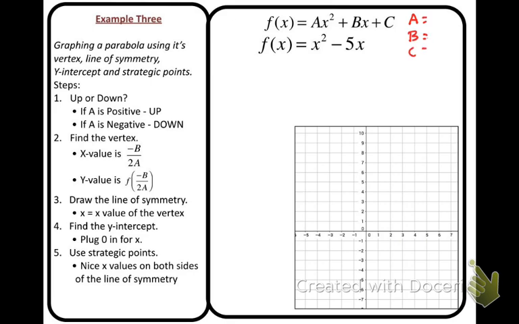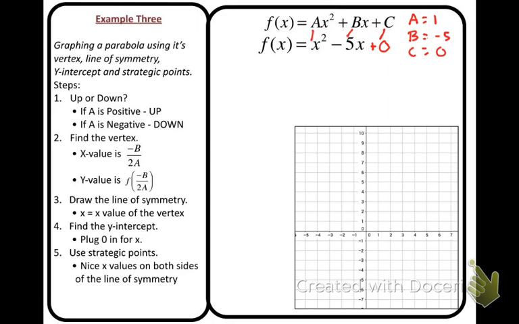So we know a equals 1, b equals -5, and now c, there's no value here, so we can assume it's just +0. So c is 0. Right, so we just put that 0 there just for a placeholder.